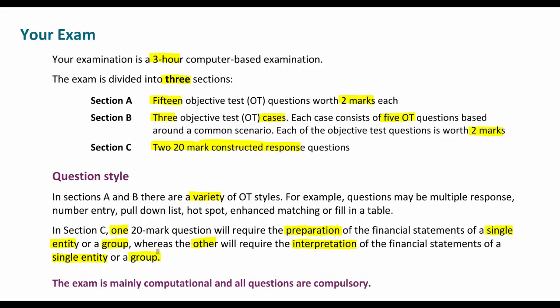So this one will be predominantly written, but you might have to do some calculations as well. The exam as a whole is mostly computational, and you don't get any choice of questions, so all questions are compulsory. And the examiner always achieves really good coverage of the syllabus in each exam sitting.